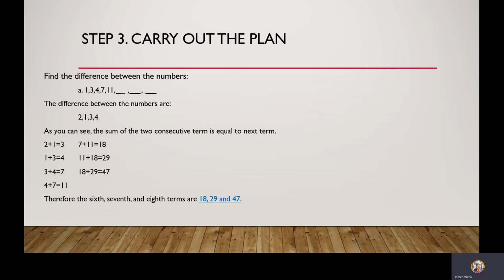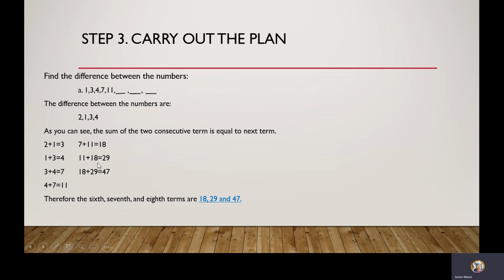So, 2 plus 1 is equal to 3. Then, 1 plus 3 is equal to 4. Then, 3 plus 4 is equal to 7. Then, 4 plus 7 is equal to 11. And 7 plus 11 is equal to 18.